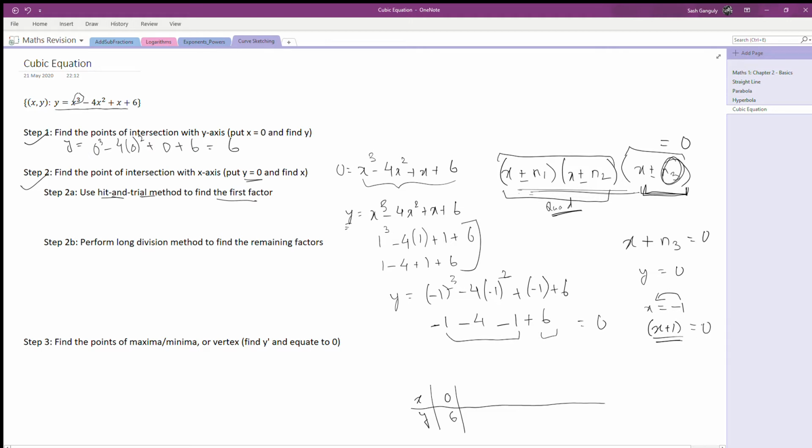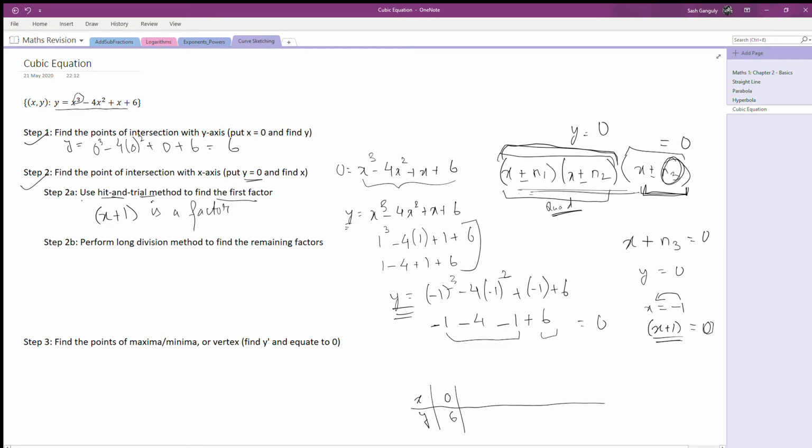And if I multiply the 0 term to the entire thing, then it makes my y equal to 0, which is what we have. So we got x plus 1 as a factor using the hit and trial method. x plus 1 is a factor.